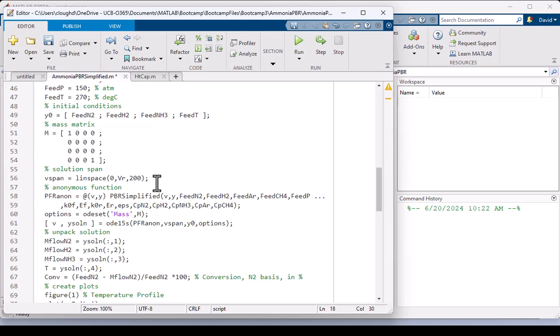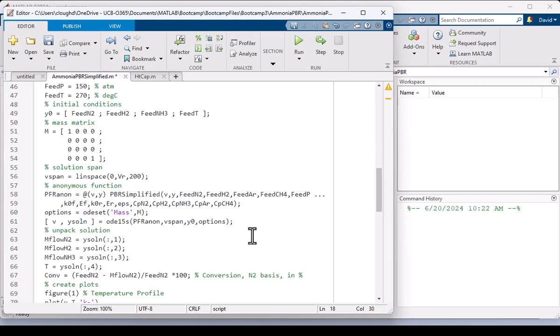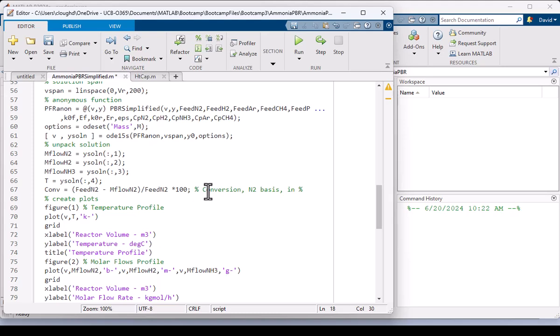And then we move on and we set up to solve the differential equations. Now here, because we have to share many parameters from this main script over to our script which computes our derivatives and equations, we need to create an anonymous function as we did before.